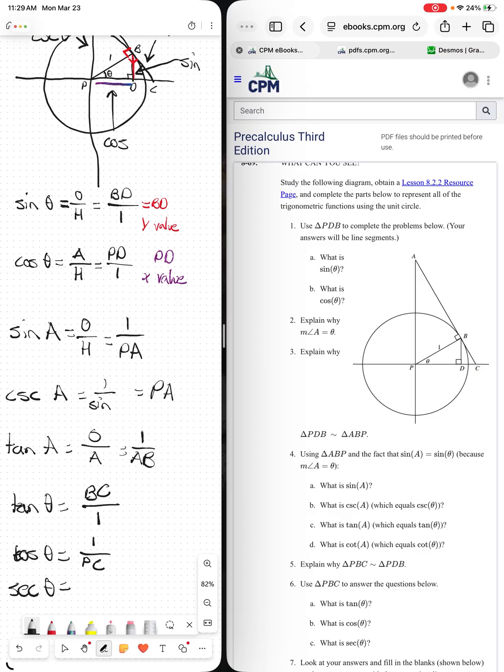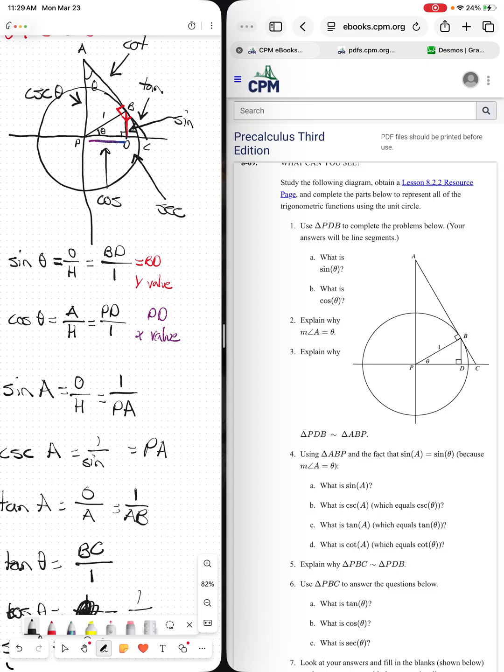So the secant is PC. This whole line is the secant. So we have secant, cosecant, and then tangent, cotangent.